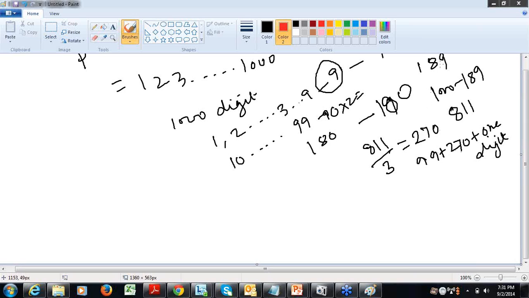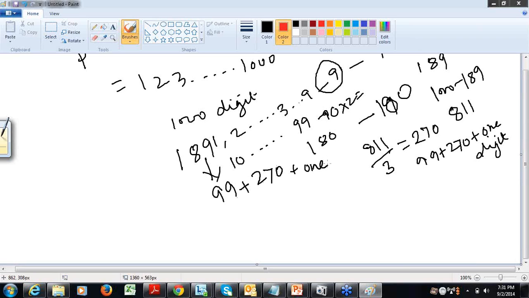So till 189 digits we have completed till number 99. Now we have to do 270 plus 1 digit.